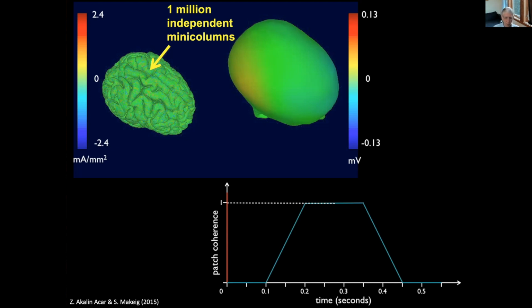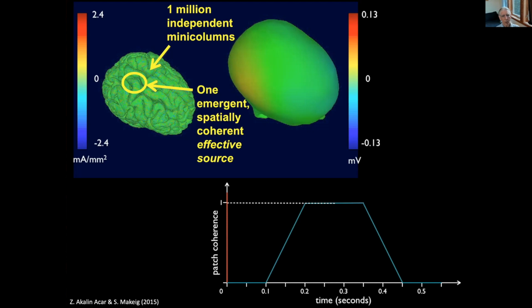And then I asked her to see what the EEG projection would be from that, and then to make emergent phase coherence in one small patch of cortex. So not changing the amplitude or the power spectrum of all these million sources during the simulation at all, but just changing their degree of synchrony within one small patch.